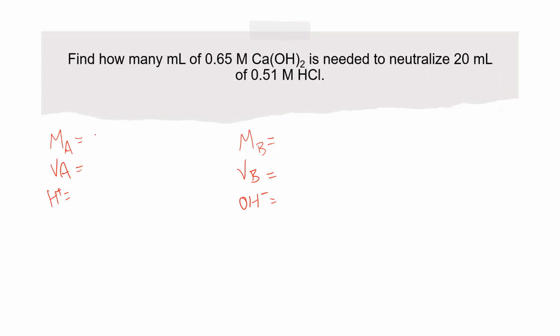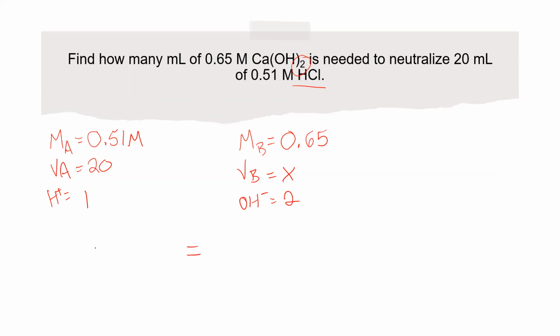We know both the molarity and the initial volume of it. And then we can see that it's HCl, which is 1 H in that formula. For the base, we know that the molarity is 0.65. We do not know the volume, and we can see that there are 2 hydroxides there.